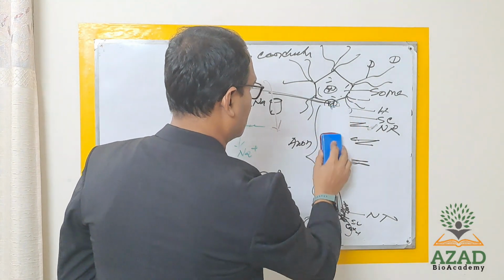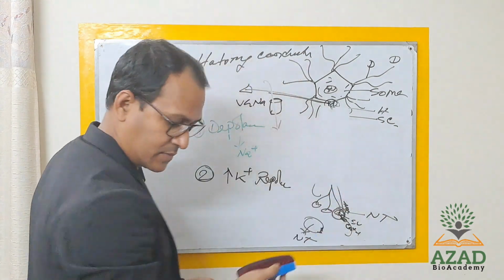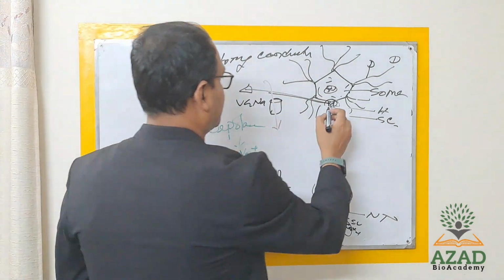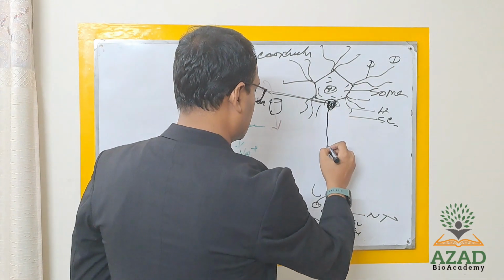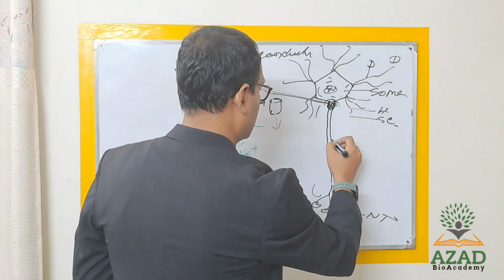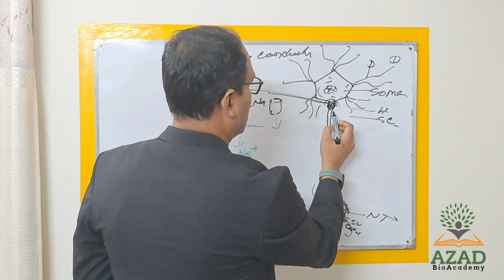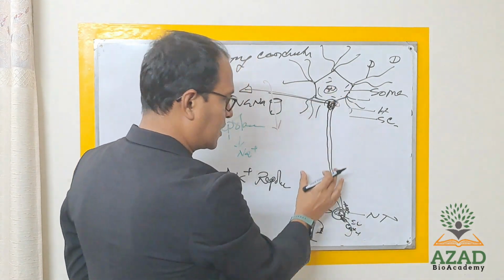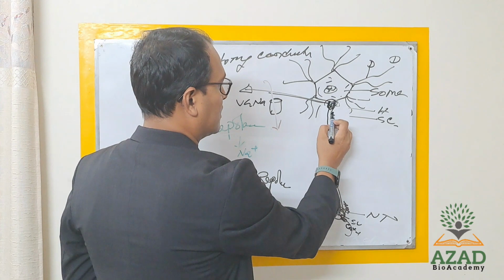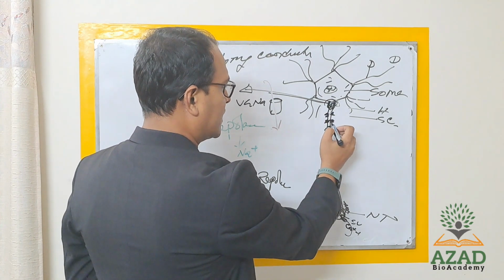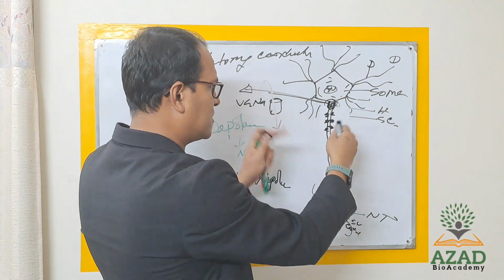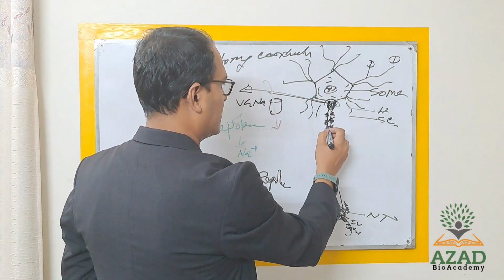I'm just drawing here. So this is the halo, and this is like that. Throughout the nerve, the voltage gated sodium channel, potassium channel, sodium channel, potassium channel. Is there any gap? No, very continuously the channels are there.